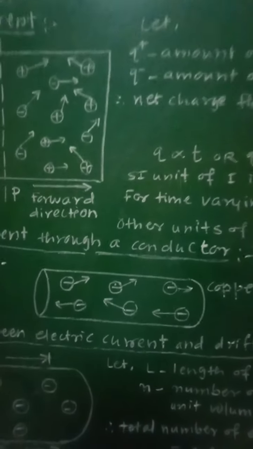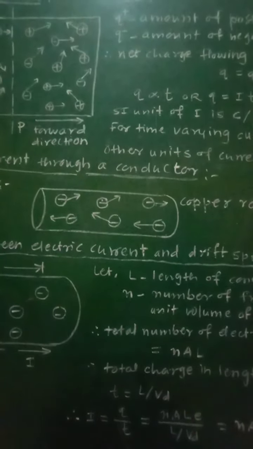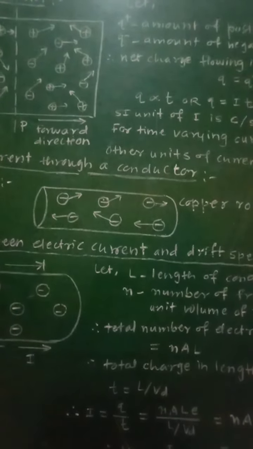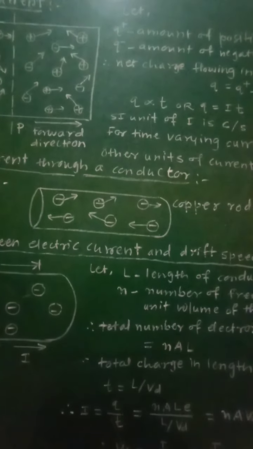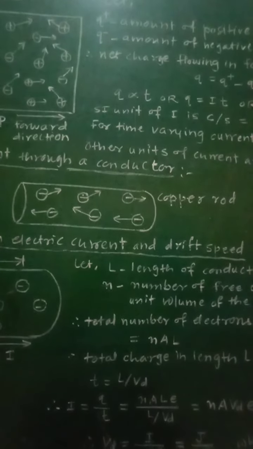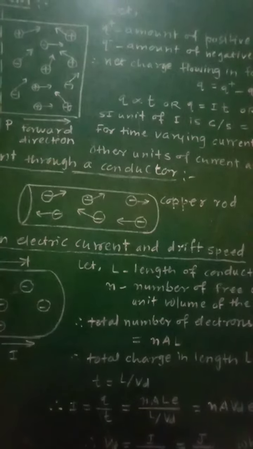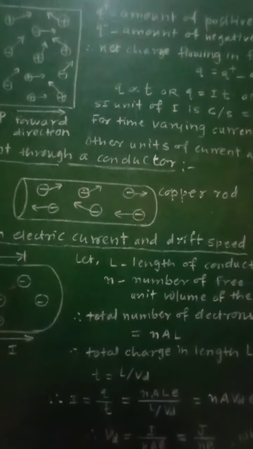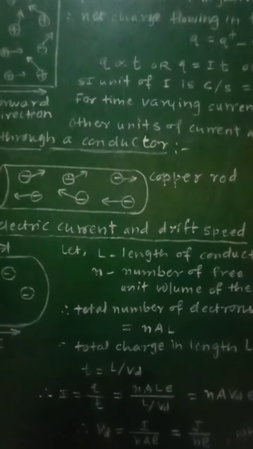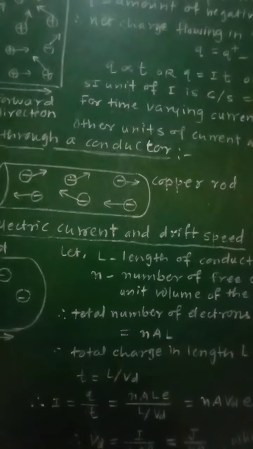But in case of a metal, the free electrons are responsible for the conduction of electric current. And these electrons flow and generate a net current under the action of an applied electric field. So when an electric field is applied, at that time the current will be generated in that metal.